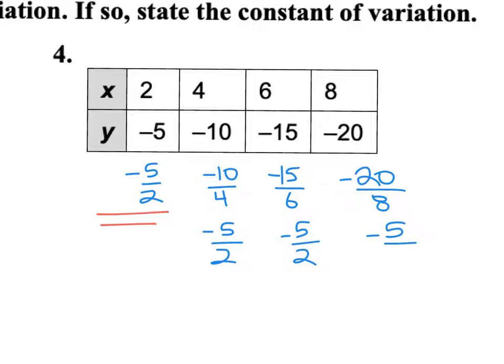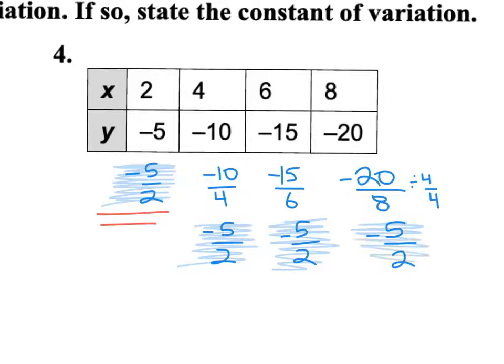When I divide 20 and 8 by 4 over 4, what I actually get is negative 5 over 2. So as you can see, I get the same number when I divide each y value by its x value. Now you could put these in decimal form, negative 2.5. That would work too. So what I'm going to say is that this is proportional.